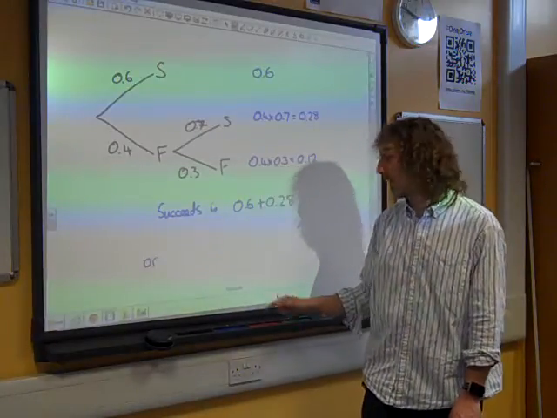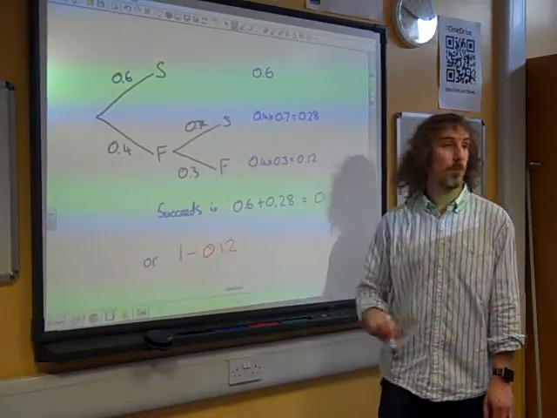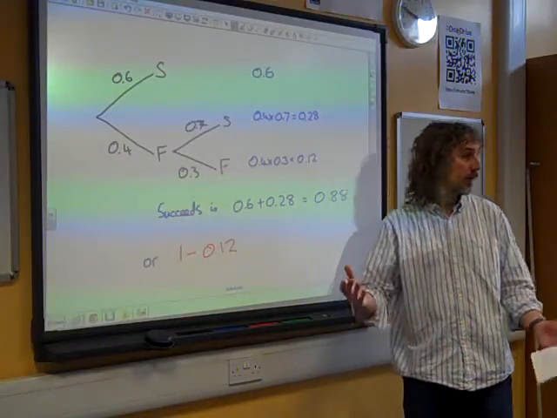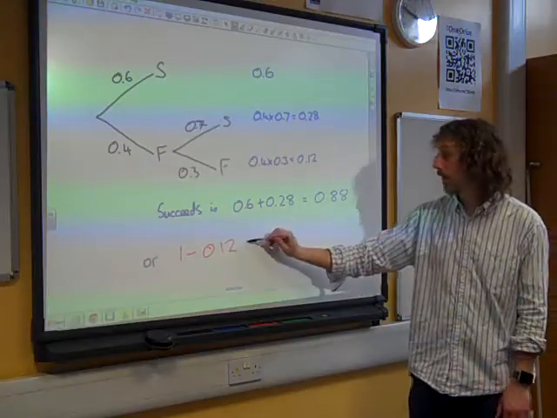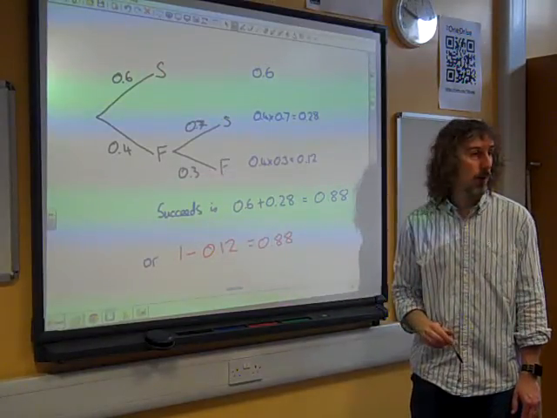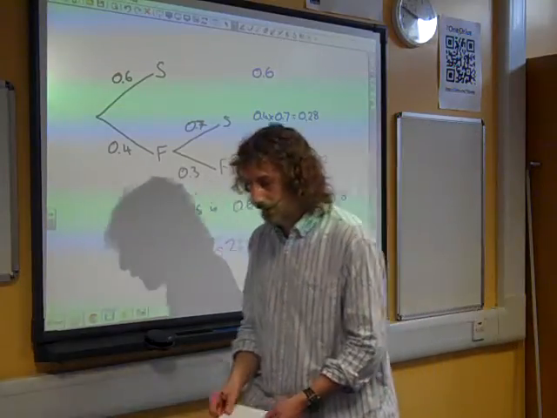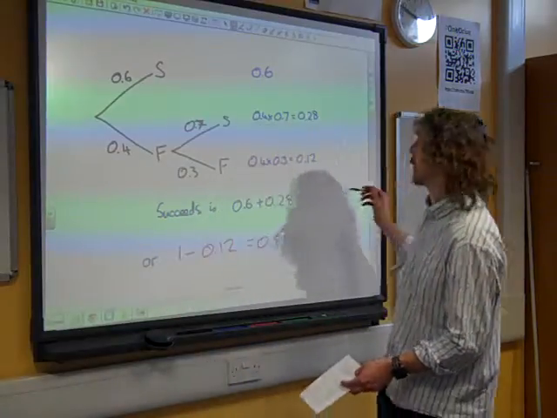So we could have equally done 1 minus 0.12, because if she doesn't succeed then she fails, which also gives us 0.88. So either way that we approach it, we come to that same answer. It's quite nice to see that there are different ways that we can attack these things.